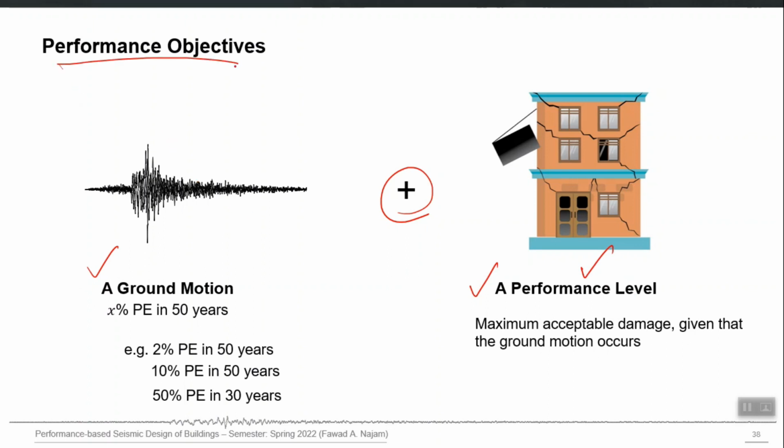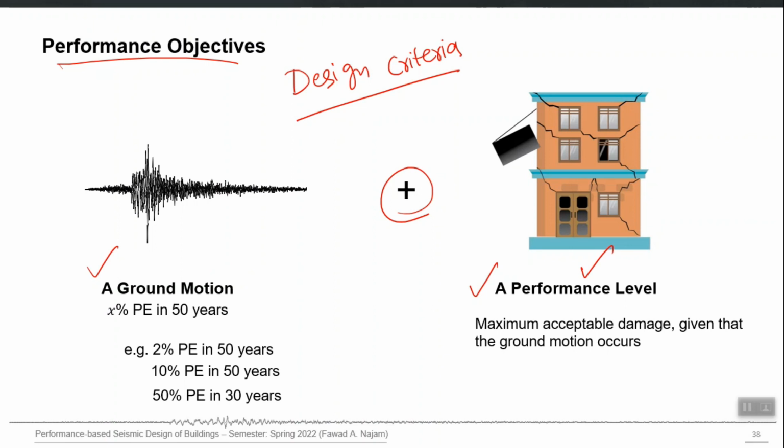So the very first thing in PBD is that you sit with the client and you agree upon the performance objectives, and actually there is a design criteria document. In conventional design we also have this document, and it states what loading was used, what building code was used, what nominal material properties were used.